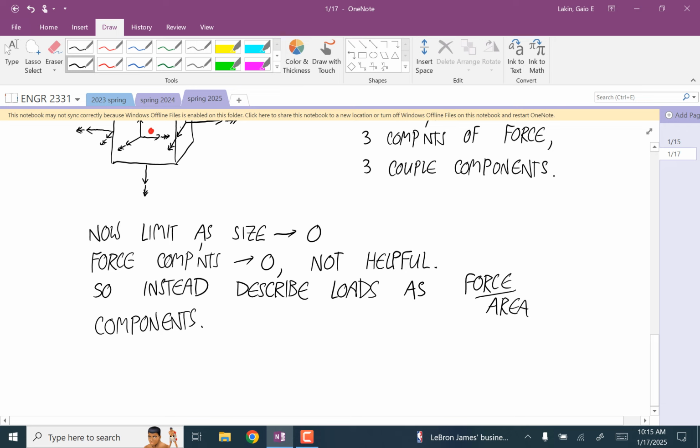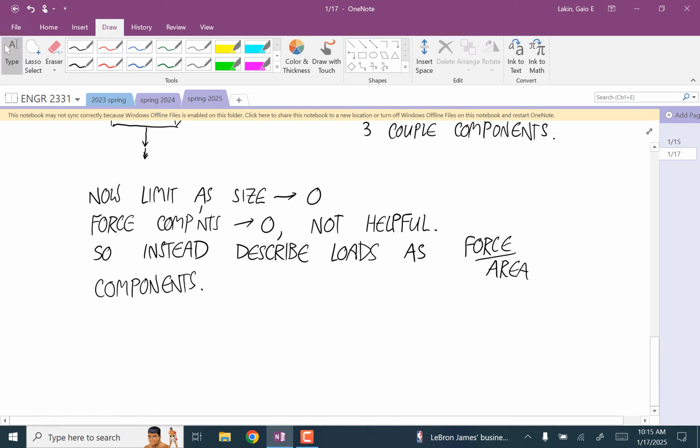Okay. Well, now as you take that limit, the force goes to 0, but the area goes to 0 too, and you end up with finite values for these. Okay, so now we're getting at something useful.